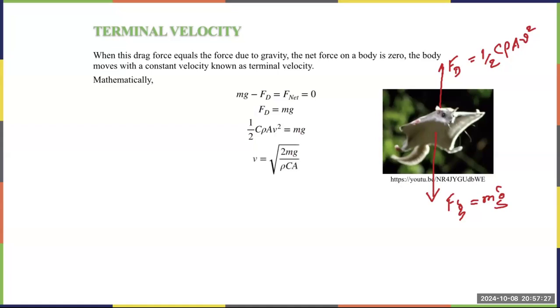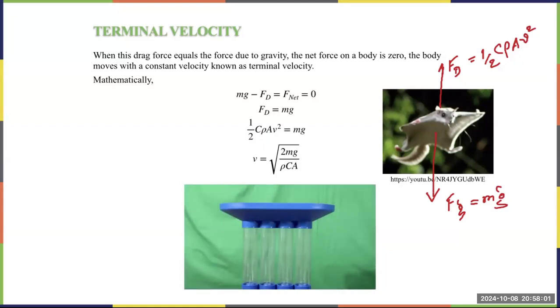So from this expression, I can calculate my terminal velocity if I know the mass of the object, the density, in air we use the air density, the drag coefficient C, and the area of cross-section. Makes sense? So that I can maintain my speed.